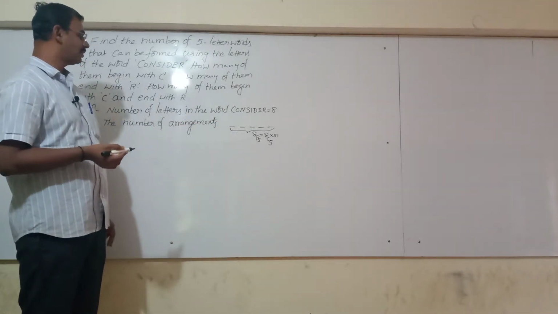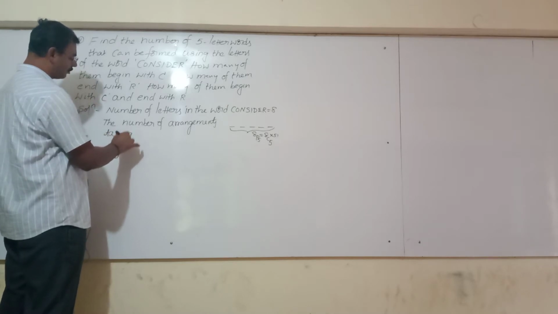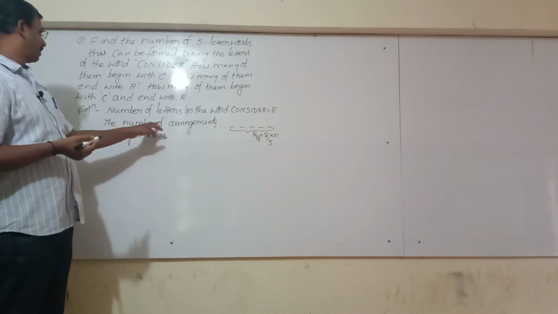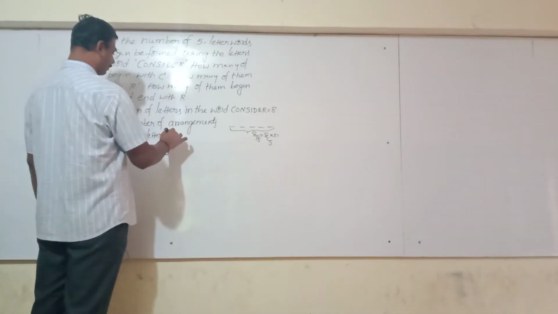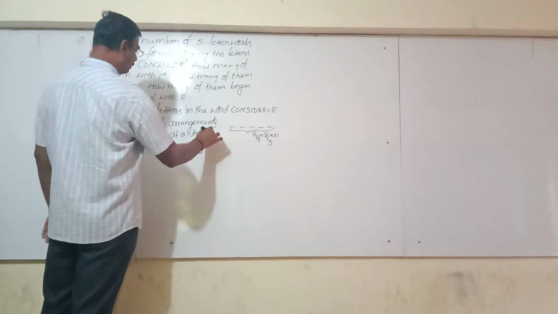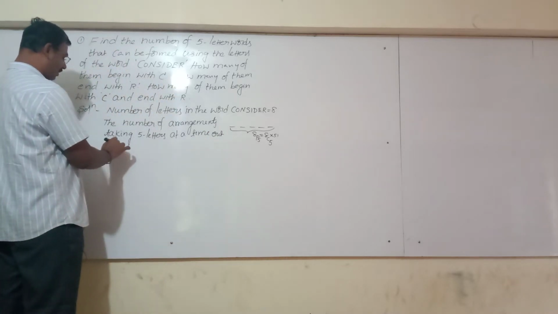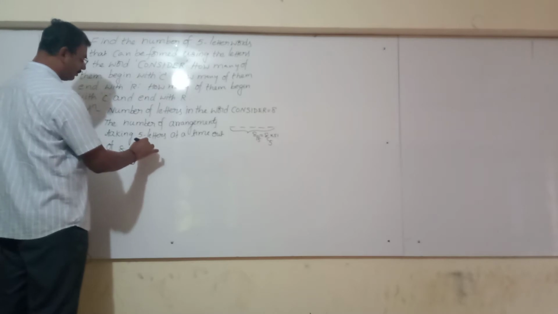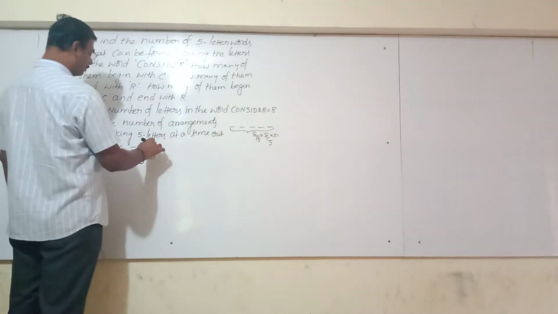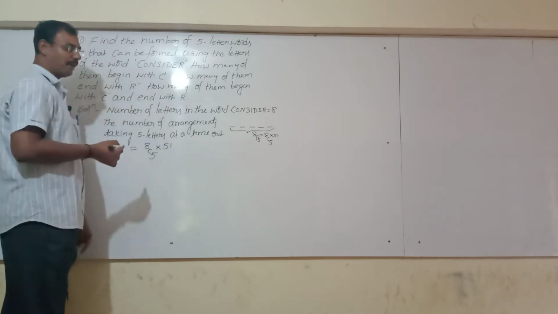The number of arrangements taking 5 letters at a time out of 8 is equal to, firstly the selection: out of 8 I selected 5, 8C5, into arranging 5 objects in 5 factorial ways.